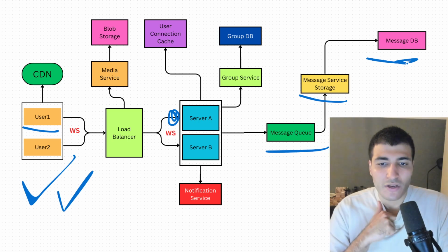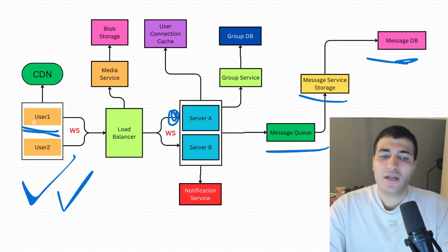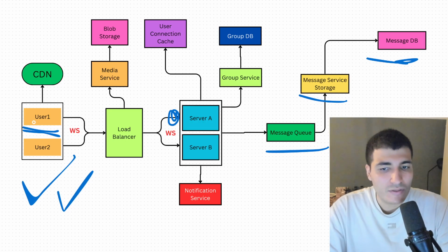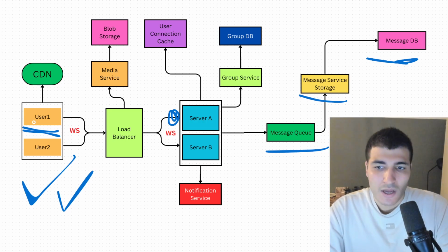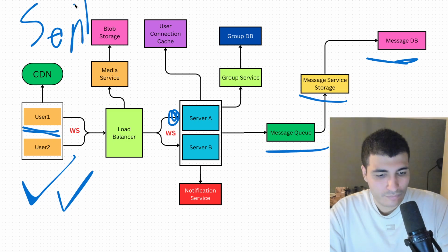After that, server A sends an acknowledgement back to user 1, basically saying that the message has been sent. Once the client receives this acknowledgement, it updates the message status to sent. So the message is right now only in the sent phase.